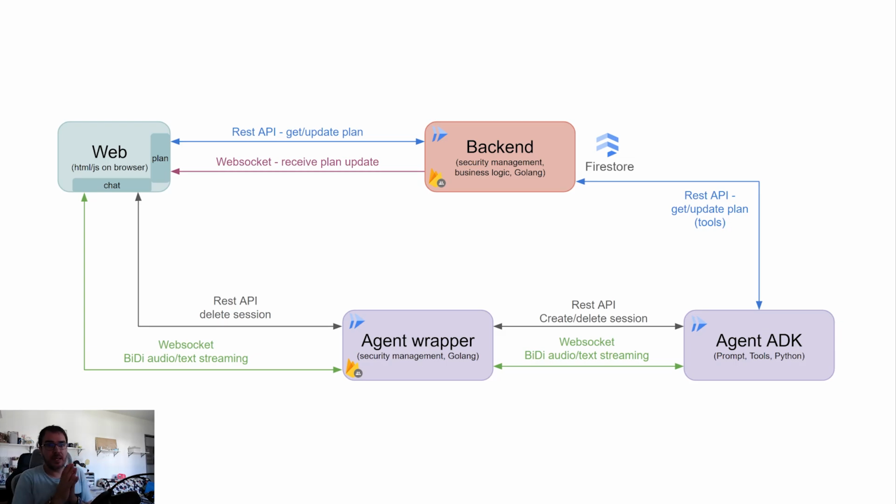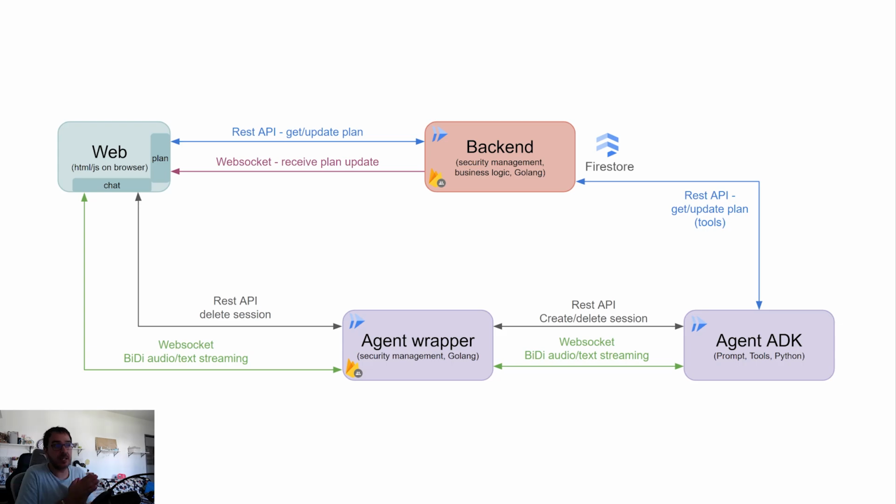And I have also the same problem with the agent. If I manually update my plan or my achievements directly from the web, the context of the agent will be desynchronized with the reality of my achievements in Firestore.